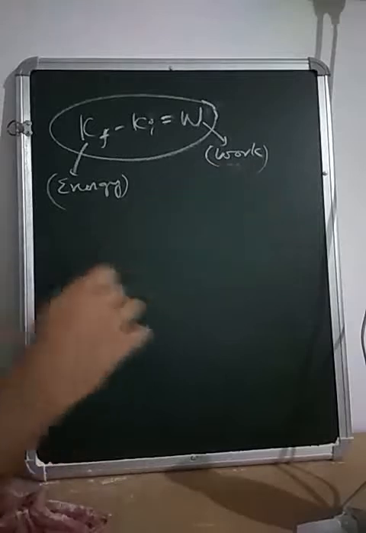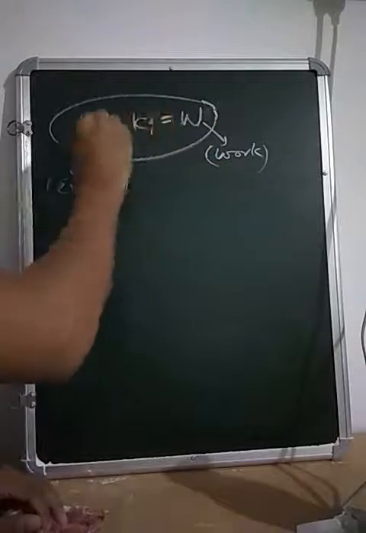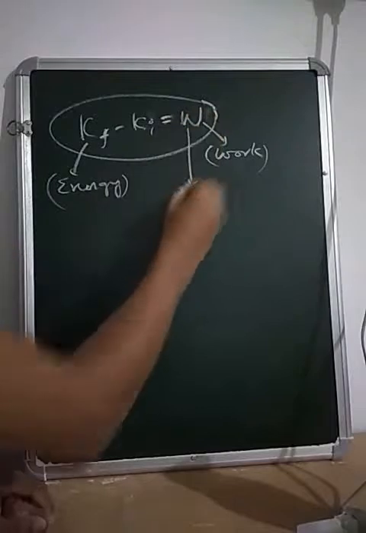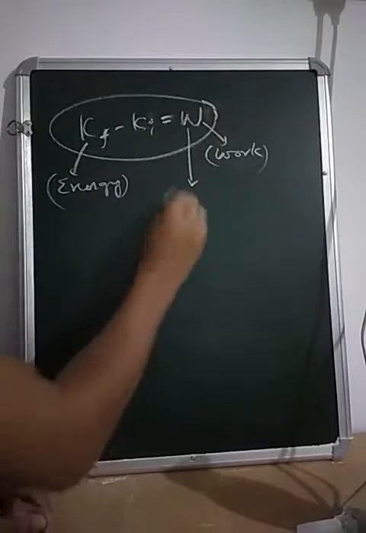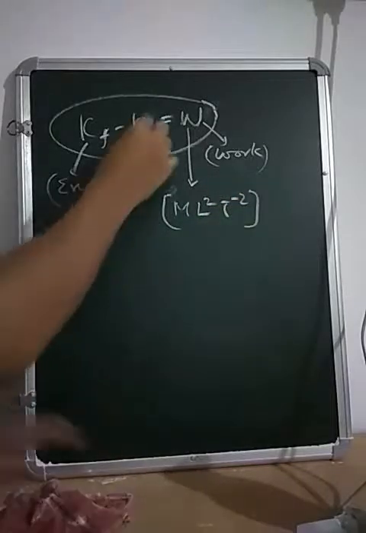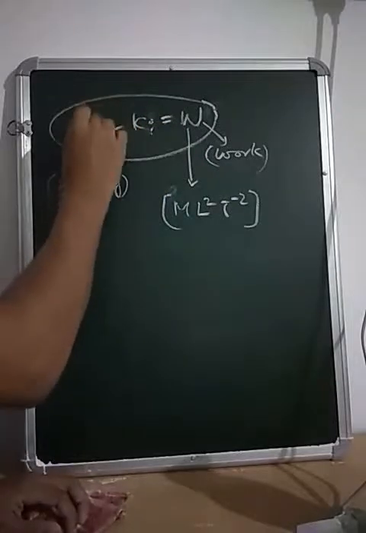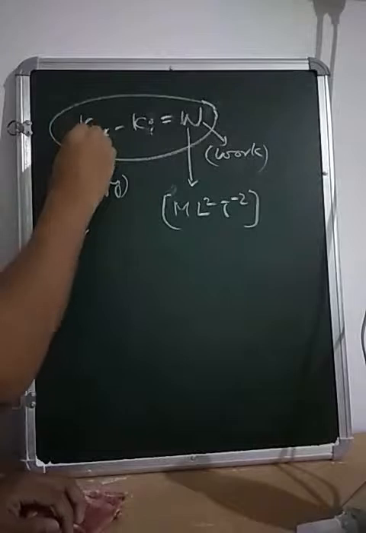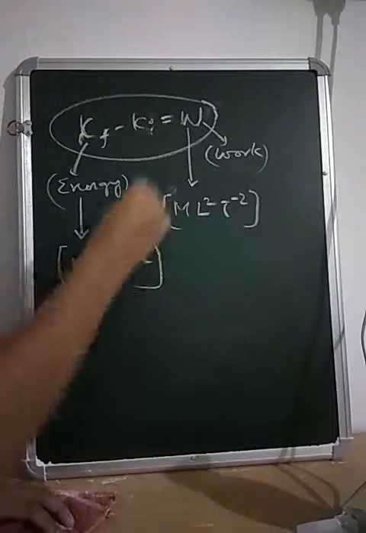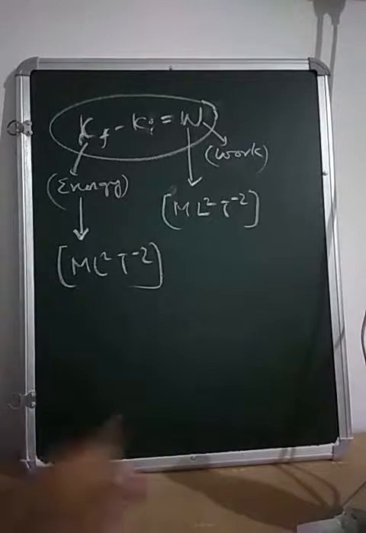For a formula to be a valid physical relation, there is an essential condition that all the quantities must have the same dimension. So the dimension of work is what? Force into displacement, that is M L square T to the power minus 2. So from here we can say that the dimension of energy, here kinetic energy actually, is also M L square T to the power minus 2. So the dimensions of work and energy are the same.